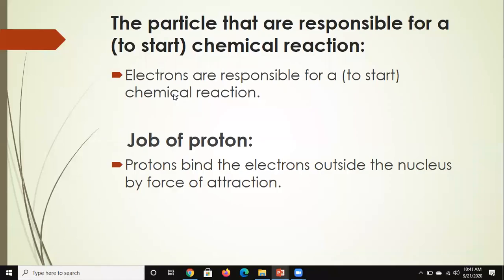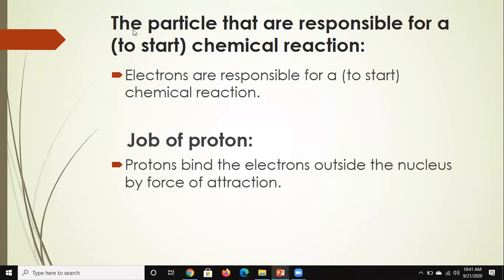Now, the next slide is about their specification. Okay, we know that there is a proton, an electron, and a neutron. So is there any responsibility that the electron carries?